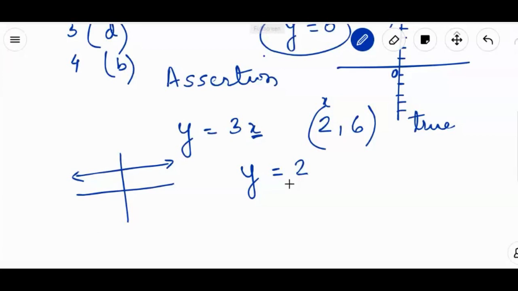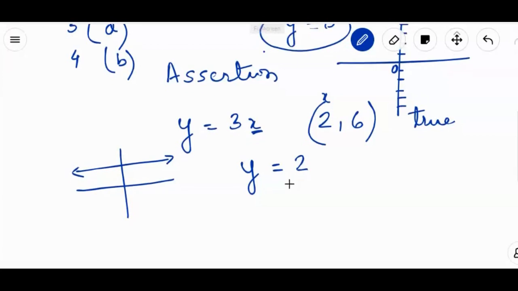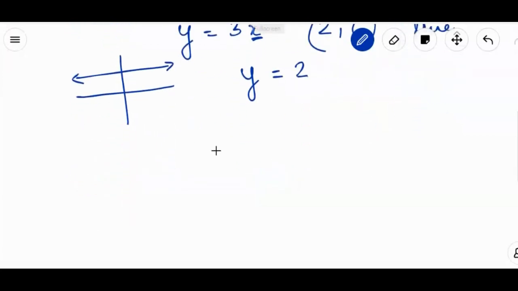This is how you analyze this particular question. So let's try the second part. It's slightly different and an interesting one also. If A is not equal to B, in such situations, assume some values. A is not equal to B. Suppose my A is 2, simple, and B is 3. So 2 is not equal to 3, correct.